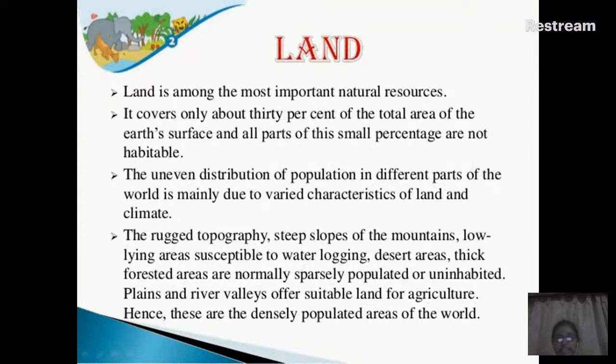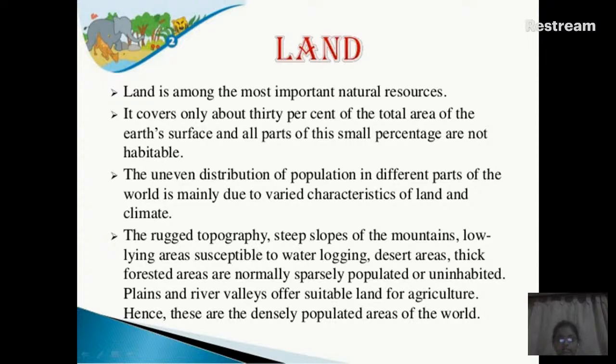It covers only about 30% of the total area of the earth's surface, and not all parts of this small percentage are habitable. Okay, understood?